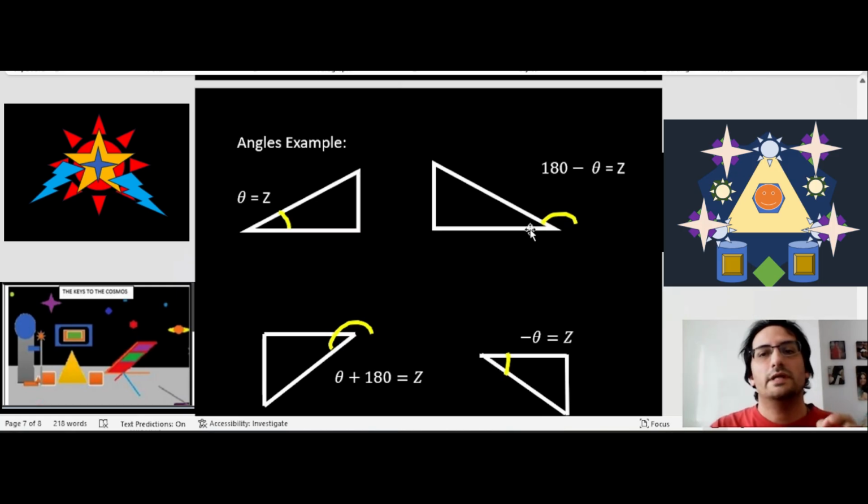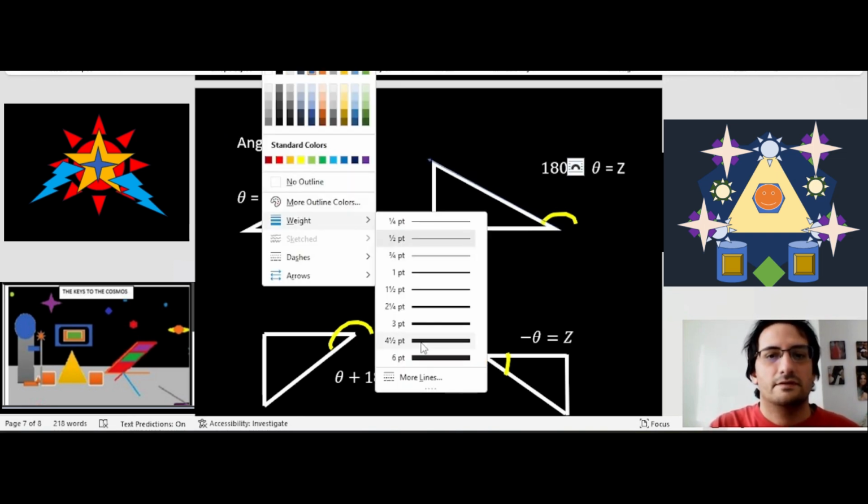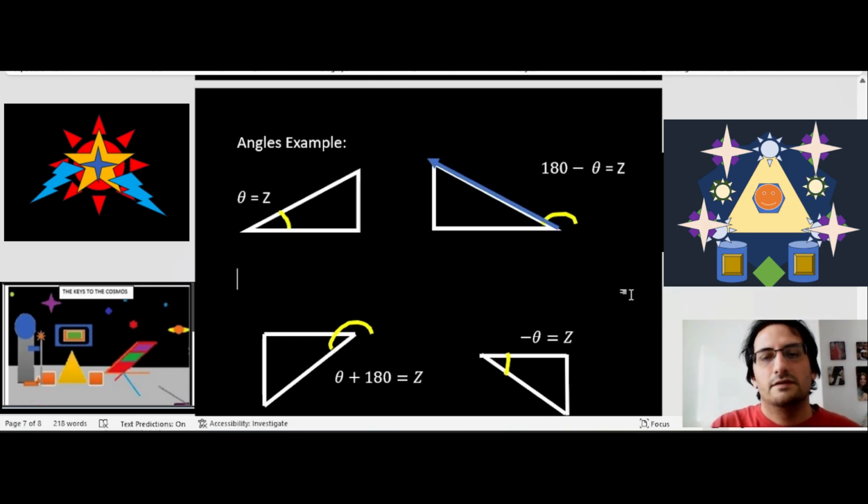You're going to have to do 180 minus the angle inside to get this angle here outside, which is the direction of this vector. If you consider that as the direction, then you're going to have to remove the angle inside, so you only have the angle outside.